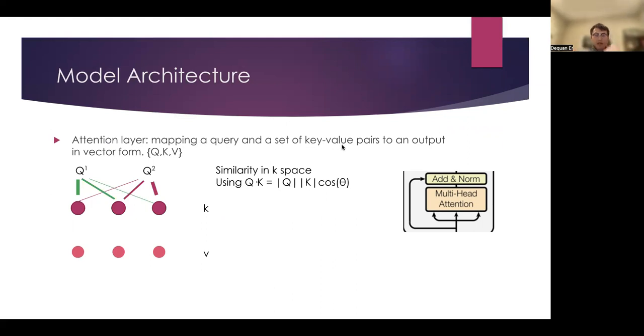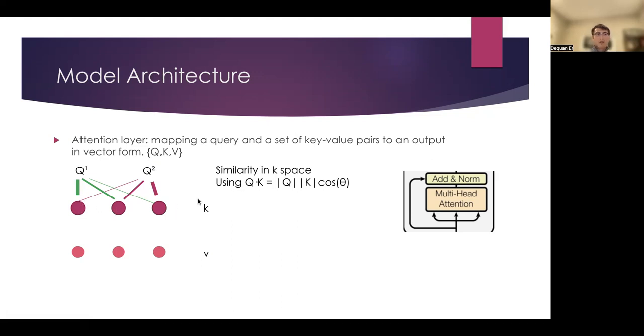Let's say you query a particular word, and each word has its own value. Different queries have different similarity. Let's say query 1 is around this key. So your query would be more similar to this key than to other keys.